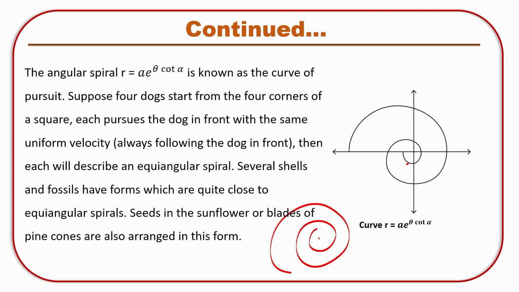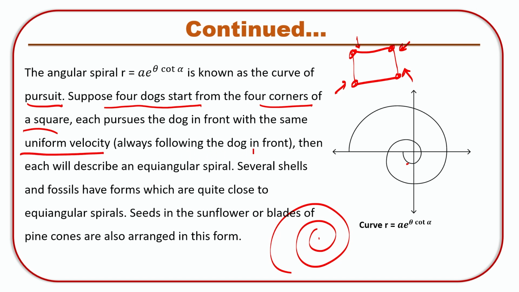The equiangular spiral r equal to a e^(theta cot alpha) is known as the curve of pursuit. Suppose 4 dots start from the 4 corners of a square, each pursuing the dot in front with the same uniform velocity, always following the dot in front, then each will describe an equiangular spiral, isn't it?